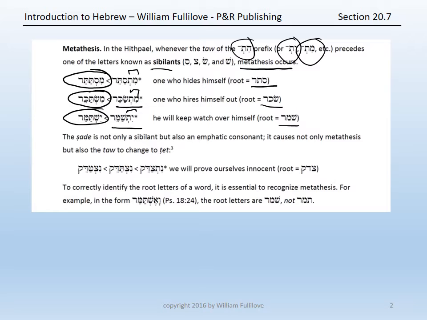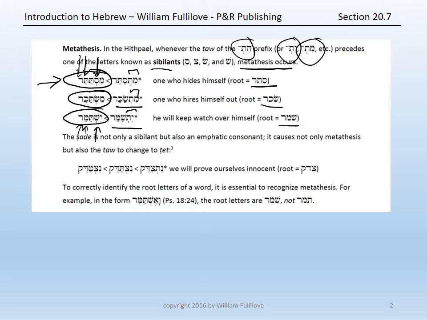If you have mistater, the root letters are actually samek, not the first tav, which is the tav of the hit pa'el with metathesis, that tav and that resh. If you look at yish tamer, you have to find the root as shin, mem, resh, recognizing that metathesis has occurred.